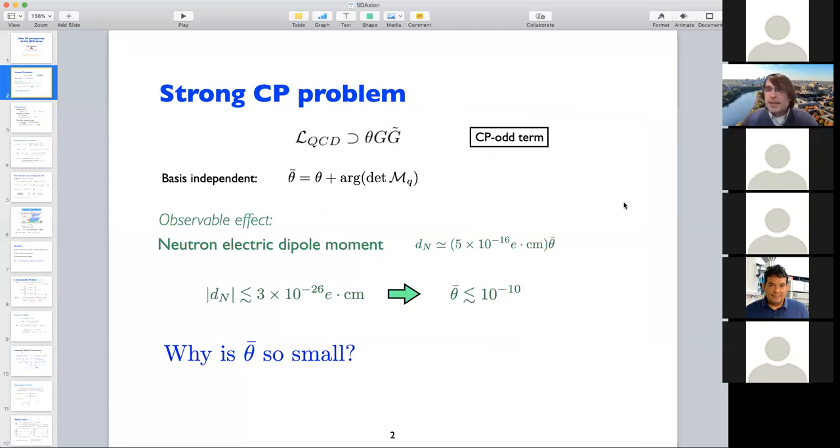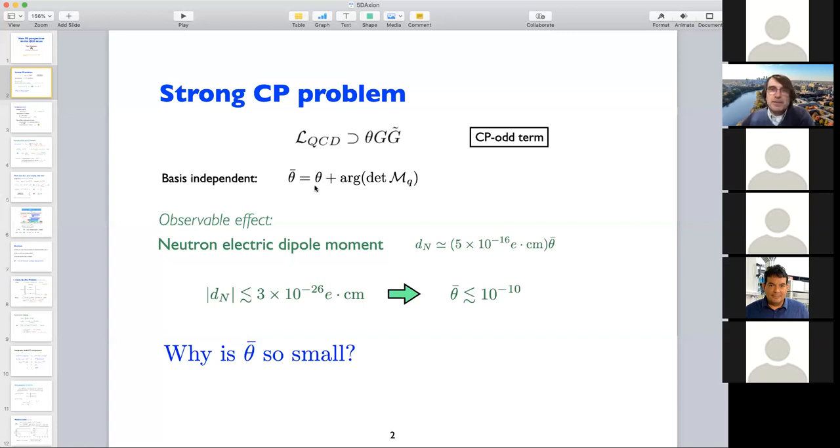Sorry about that. So let me start then with just the strong CP problem. The strong CP problem is a well-known problem of the standard model, and it has to do with the fact that you can allow a CP odd term in the QCD Lagrangian, where this theta parameter comes from two sources.